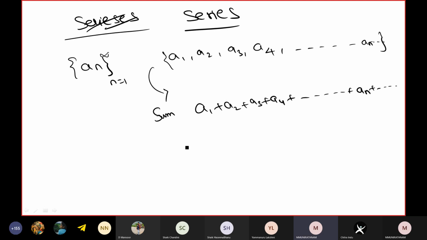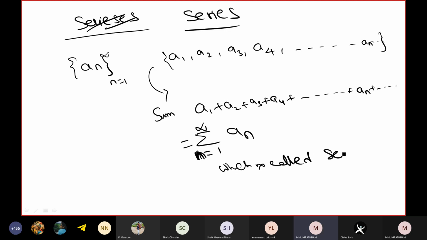The sum of the terms in the sequence can be denoted by the sum over n equal to 1 to infinity of a_n, which is called a series.